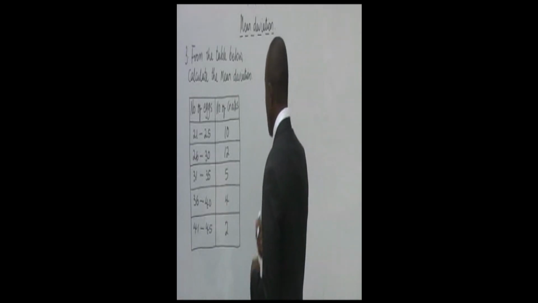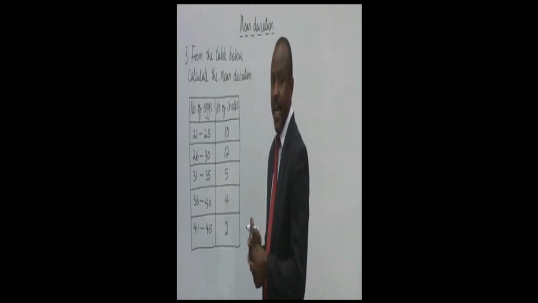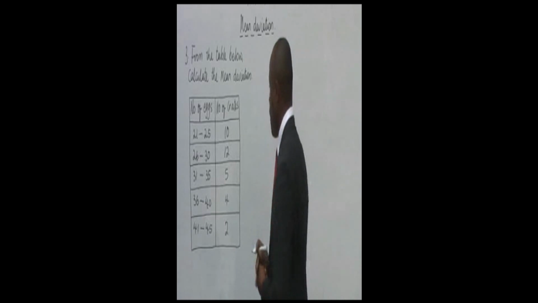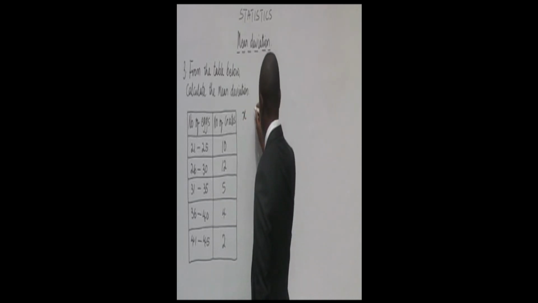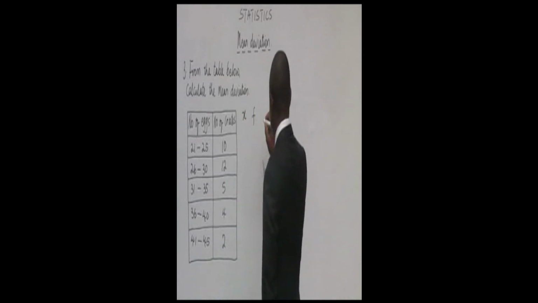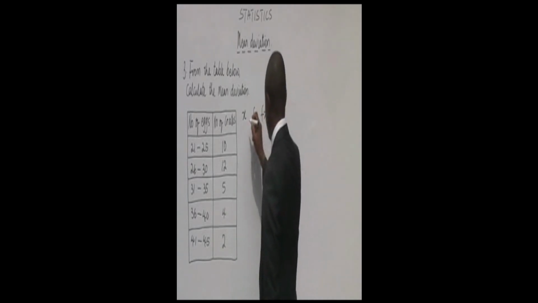So what we're going to do from here is to create the subsidiary table. The subsidiary table will take this shape. We're going to have x, we're going to have f, that's the frequency, and we're going to have fx.